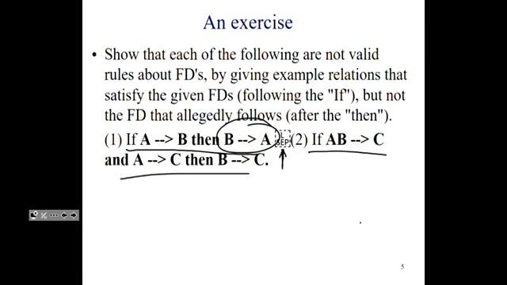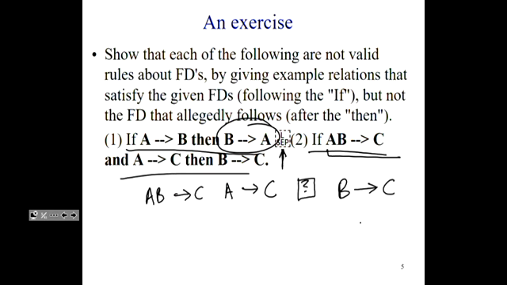So can we come up with a counterexample for this one? If AB implies C and A implies C, then B implies C. Again, I'm looking for a real world example.